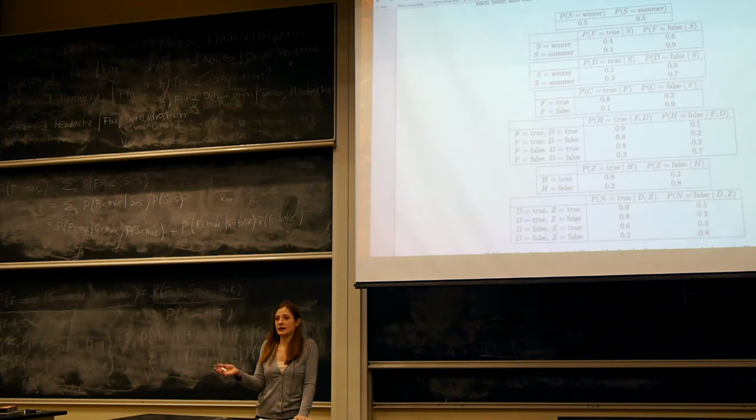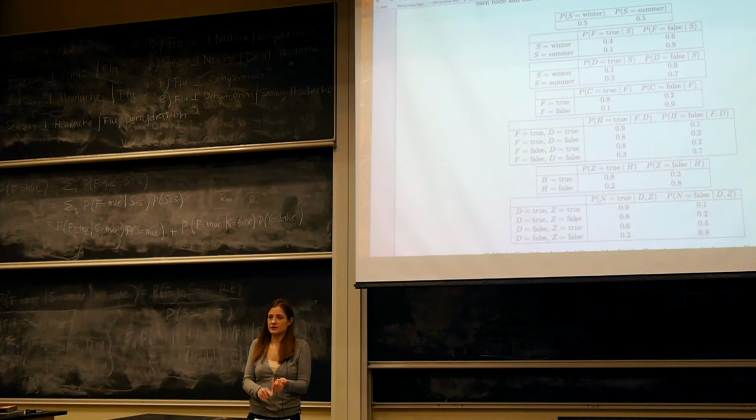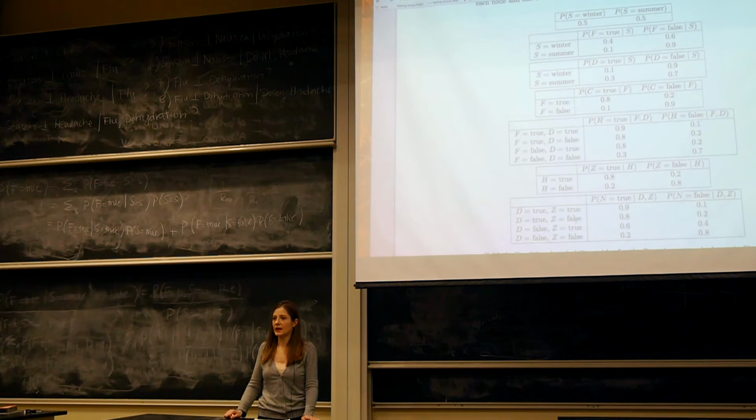And I give you a bunch of data, and each data point has a value for each variable, right? So one data point could look like the season is winter, flu is true, dehydration is false, et cetera. How would you calculate the maximum likelihood estimate of the probability that season is winter from that data?